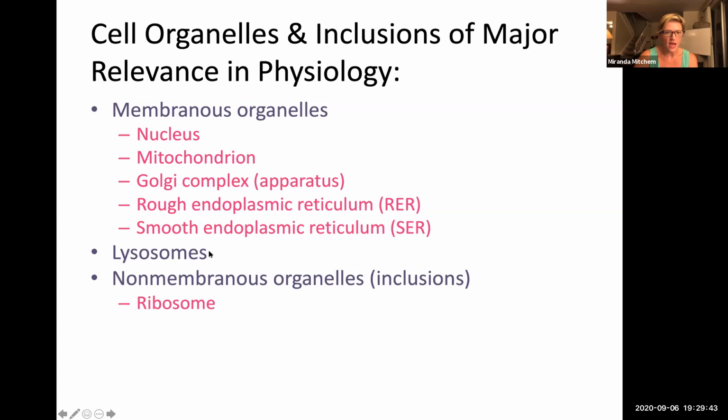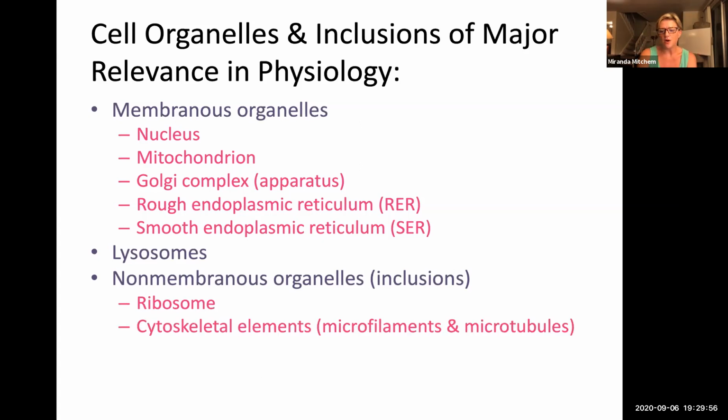Lysosomes have a very important job in helping to break down materials in our cells. Examples of the non-membranous organelles include the ribosome, that classic example, but so are elements of the cytoskeleton. We find those in the cilia, the flagella, and even in the microvilli of cells that have the function of absorption, like in our intestine.